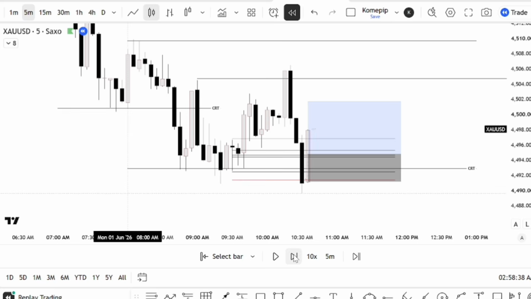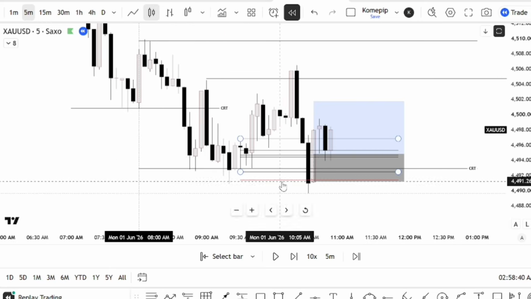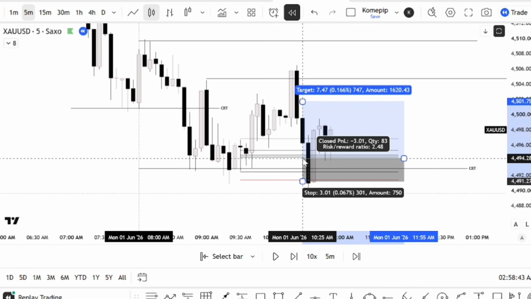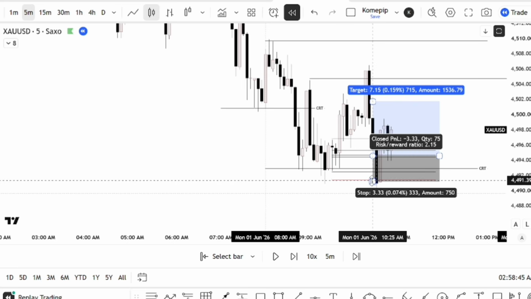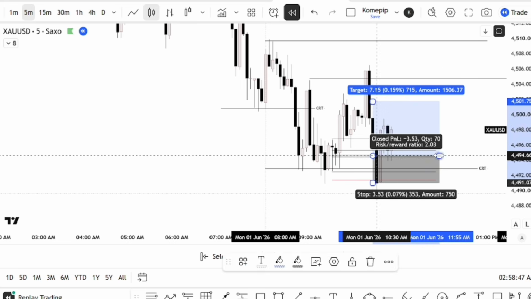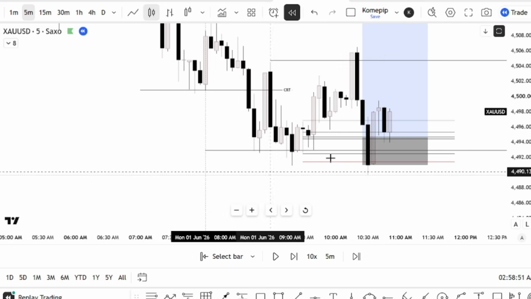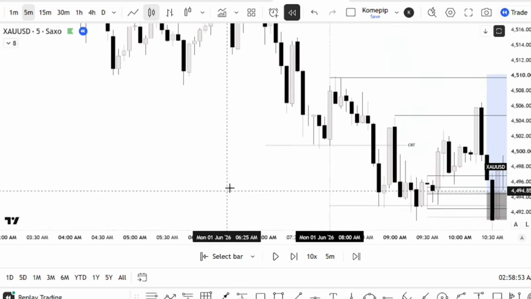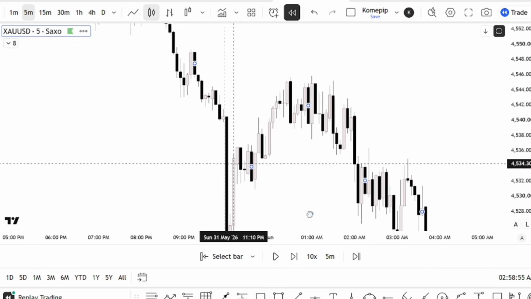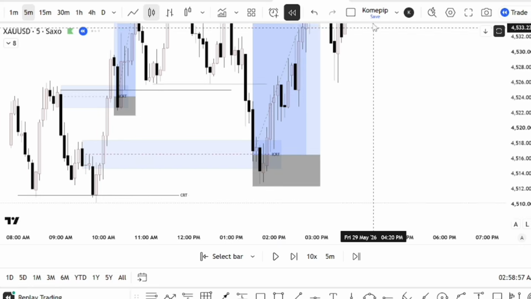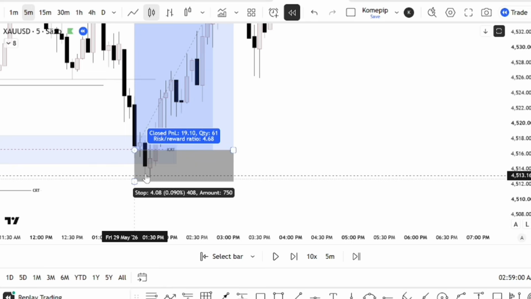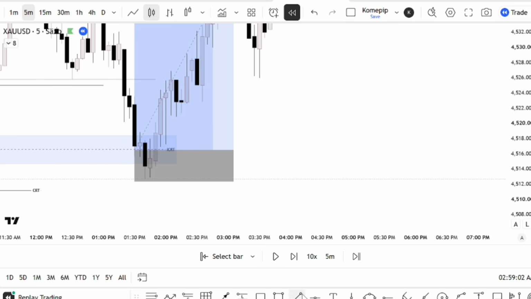As you can see, on this day we have a little bit of extension, just like the previous example. It's fine. The same thing that happened here, the same thing that happened here: after that extension, there was an MSNR formation, which is a change in state of delivery.